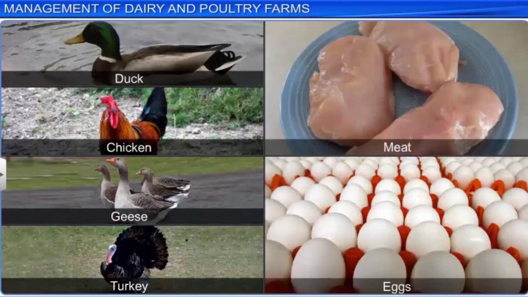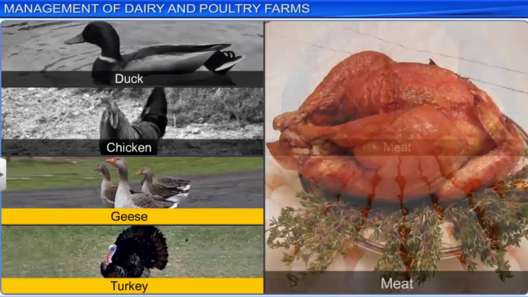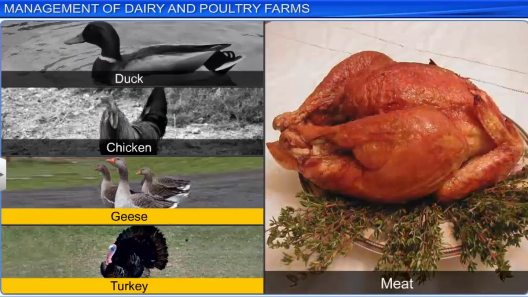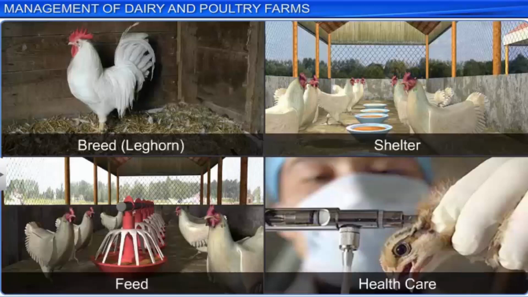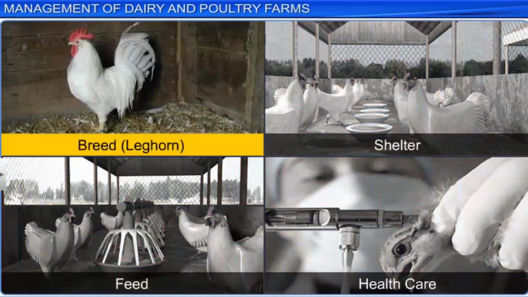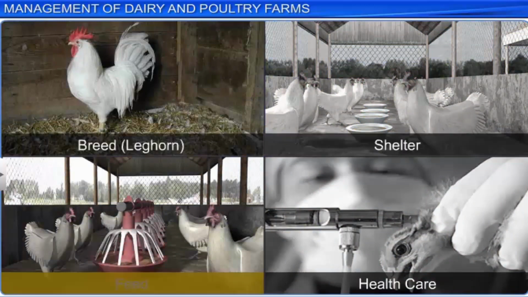In fact, poultry refers to the meat of these birds and is sometimes used to denote the meat of all kinds of birds. Poultry farms also employ the management practices of dairy farming, such as proper breed selection, shelter, feed, and healthcare.